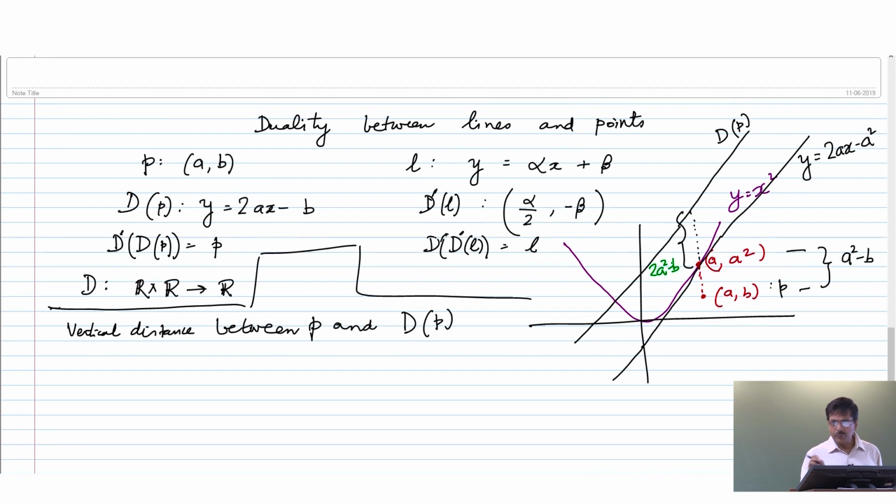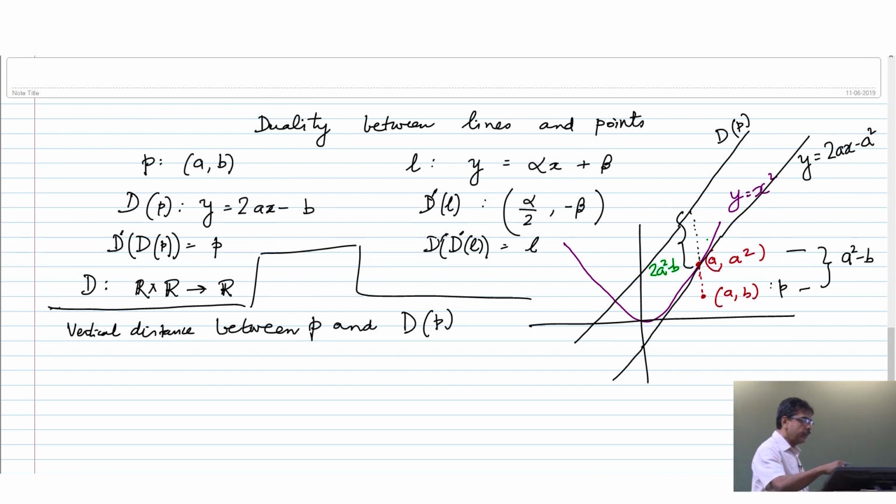I am not doing all the calculations here. It is a very simple calculation, right. So, I am claiming that this point is mapped to this line. I know the equation of this line, okay, and the distance between this projected point and the vertical intercept is 2a square minus b, and then you can show that basically this is the midpoint, right. So, it is reflected around that parabola.